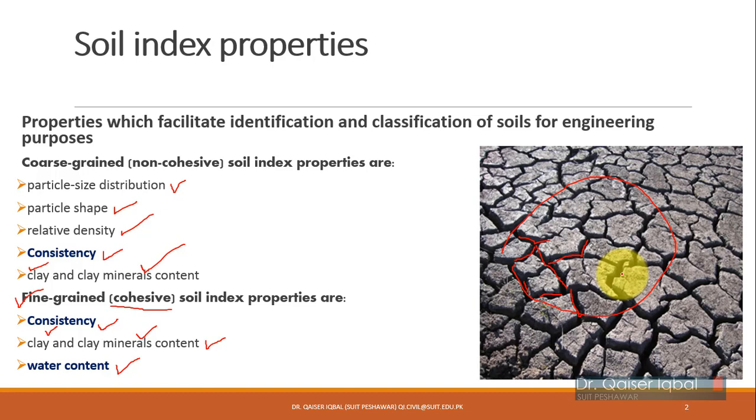Its shear stress resistance will also be affected. So moisture content or water content is also a very important index property for fine grained soil. In coarse grained soil it does not affect its properties that much, but in fine grained soil, if the water content is different, then the properties of that particular soil will be different. So these are the soil index properties.